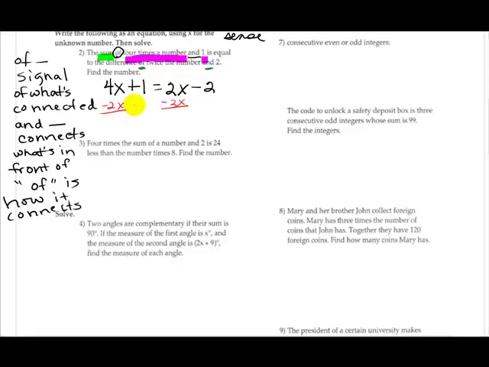Then we want that to cancel, and then over on this side we want this to cancel. So we're going to have 2x equals -3. Divide by the 2, and x is going to be -3 halves.